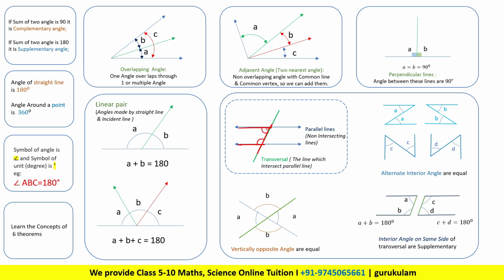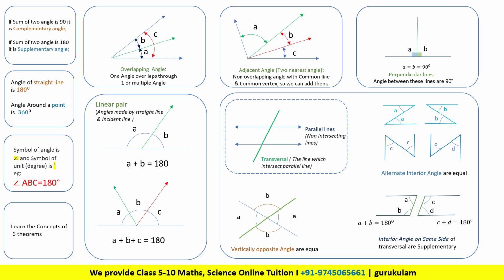If you add these two angles, you will get 180. Similarly, on the other side also, if you add these two angles, you will get 180 degrees. If you learn these things, you can do almost all the problems.